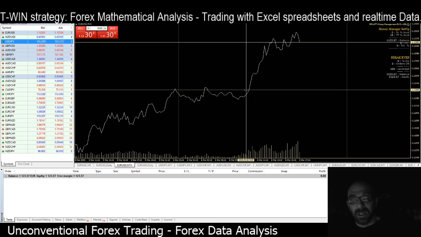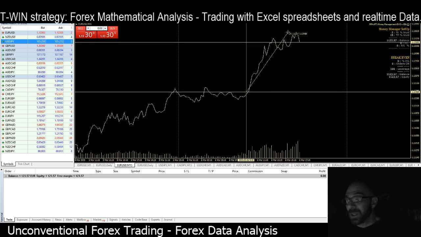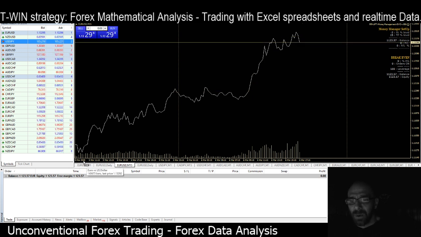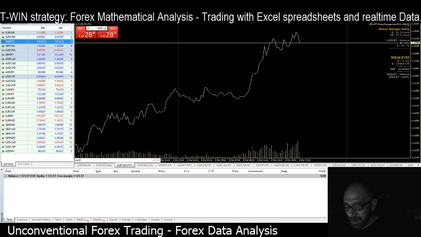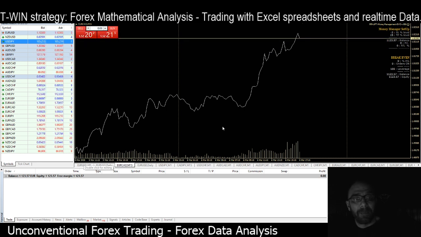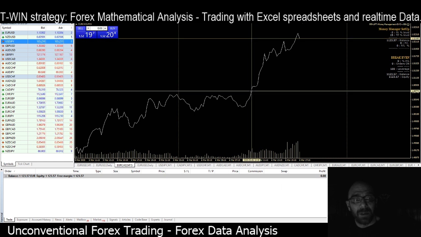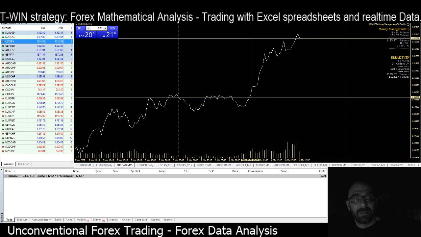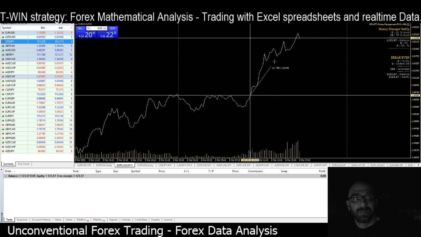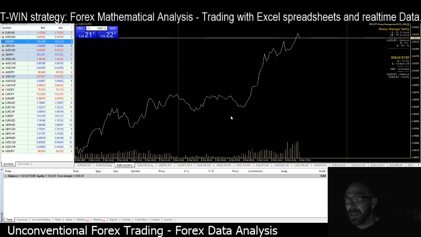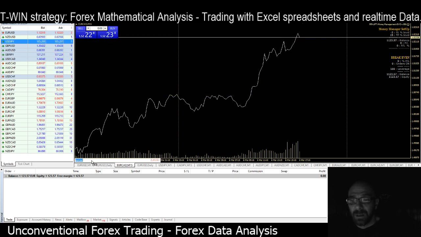I started trading around this time, so these were more or less the pips that I realized. Also, let me remember, I got the Euro CAD, which started around this time. Okay, what else did I get?